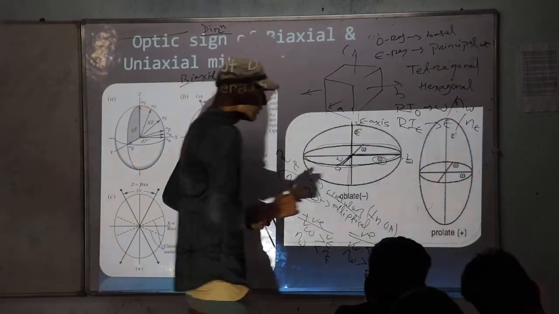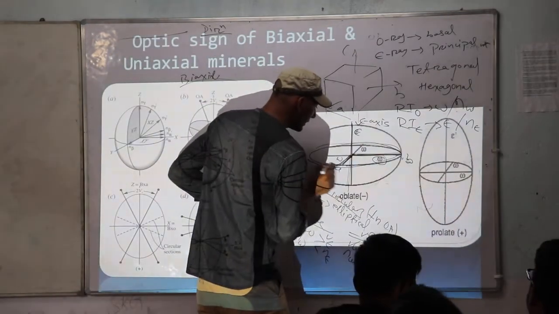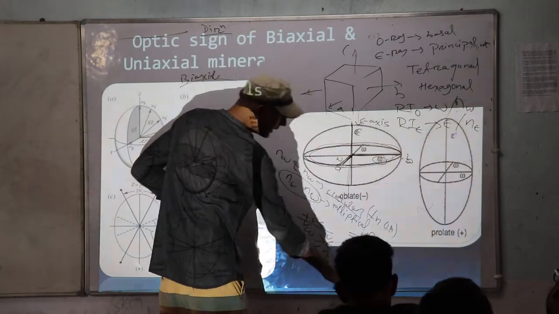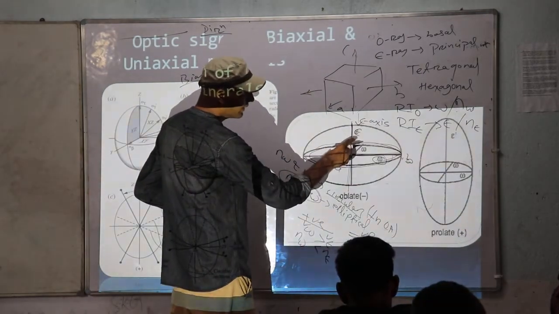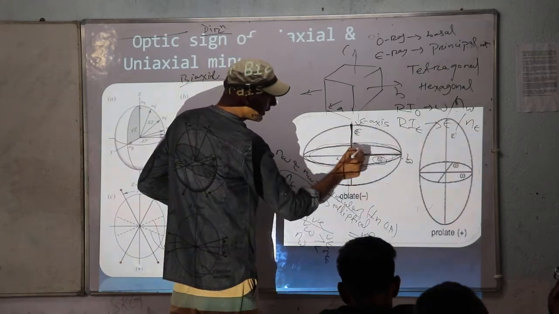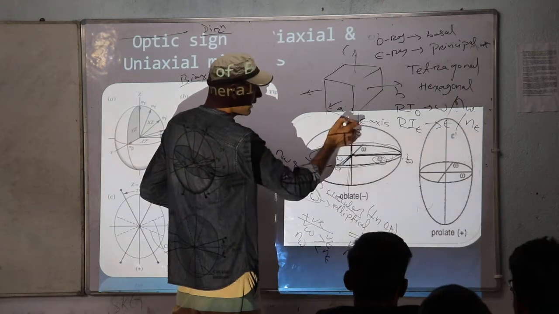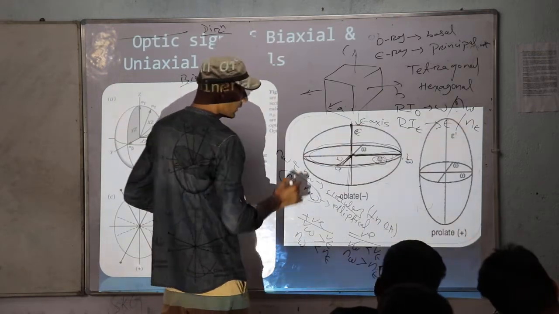Okay. So you can get a circular section here if n epsilon is smaller than n omega. You can see in this figure here n epsilon is smaller than n omega. N omega is greater, O ray refractive index is greater, epsilon refractive index is smaller.